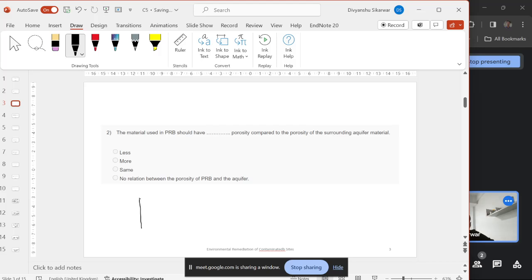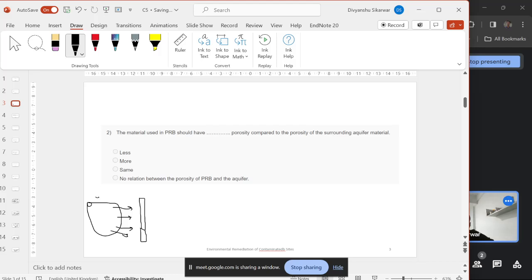If we have a PRB, and this is the flow moving in this direction, what should be the porosity?